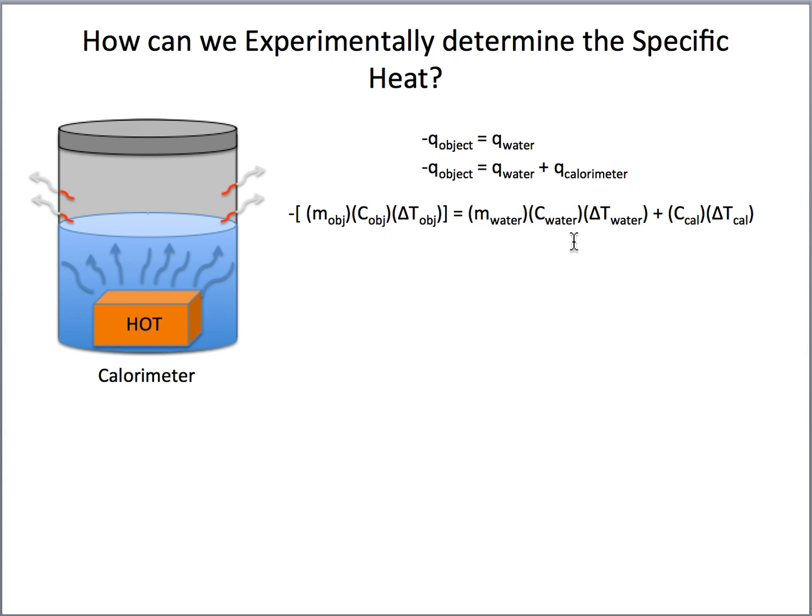The specific heat really just means how much energy does it take to raise 1 gram of a substance 1 degree C. The calorimeter constant, on the other hand, is saying how much energy does it take to raise the calorimeter 1 degree C, not 1 gram of the calorimeter. So since specific heat is on a per gram basis, we have to have a mass term that's included. For the calorimeter, since it's for the entire calorimeter, not on a per gram basis, we don't include a mass.